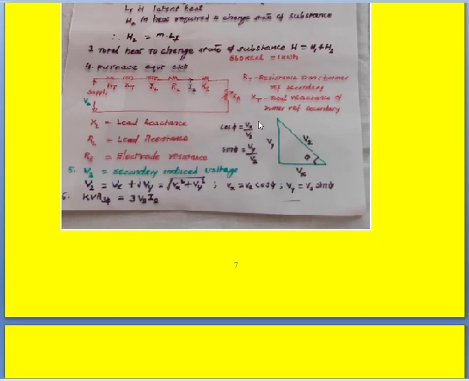Next, when we say this is the AC voltage, this AC voltage will have two components. One is the in phase component, the other is the j component or rectangular component.